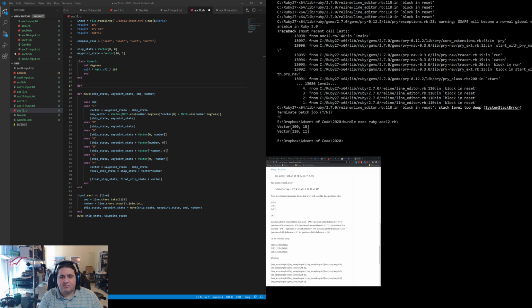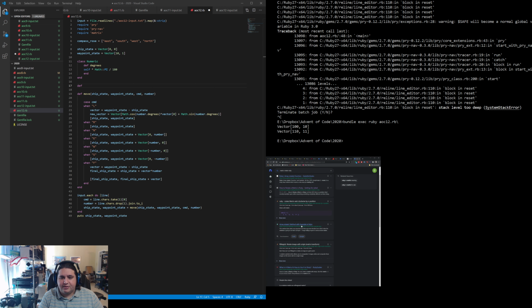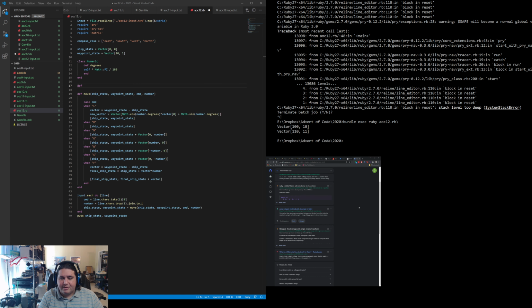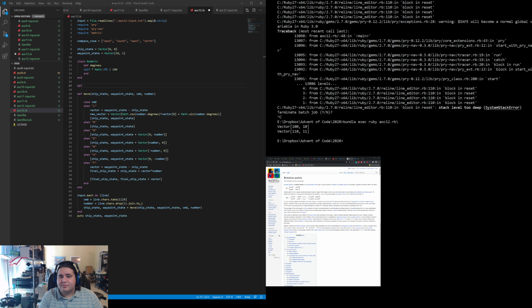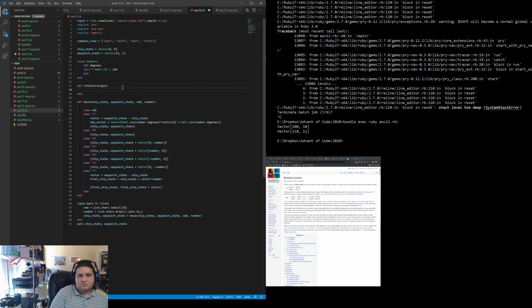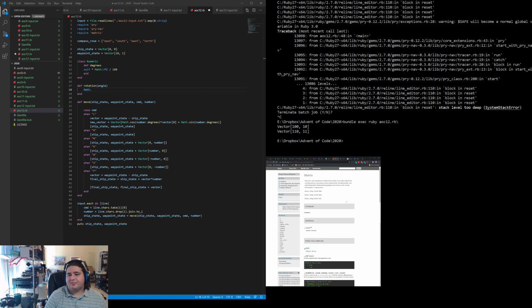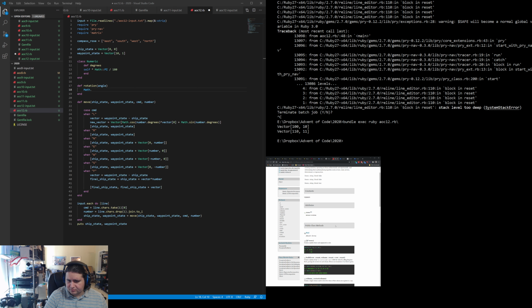Oh, no, you're not doing geometric rotating. I want to do mathematical rotating. How do I make a new matrix? Okay, so it's just matrix given a 2D array.